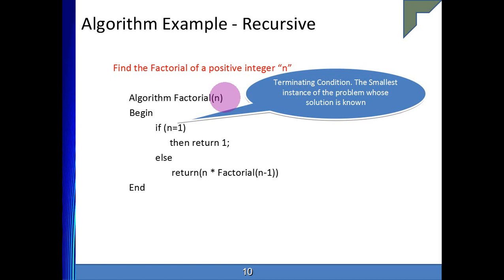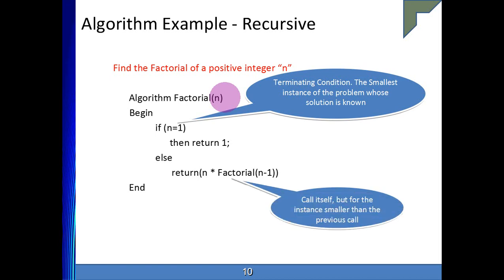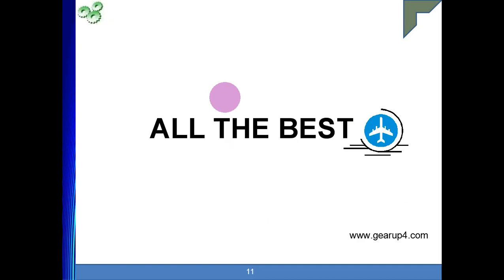This is nothing but the terminating condition, the smallest instance of the problem whose solution is known. When n equals 1, you have to return 1. Then it calls itself, that's why it is recursive, factorial of n minus 1, the call for a smaller instance. So when I say 3 into factorial of 3 minus 1, that is 2, we are calling the smaller instance.